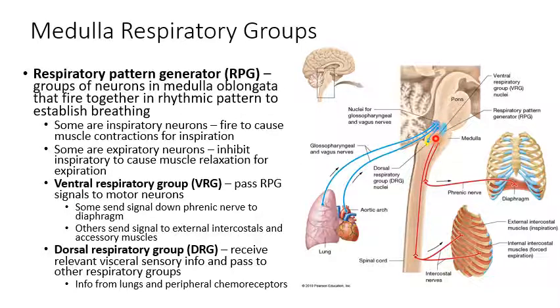So you have neurons within the respiratory pattern generator that fire rhythmically, just spontaneously on their own. Ultimately, they control the muscles of inspiration, so the diaphragm and the external intercostal muscles, and they cause those muscles to contract and relax in a rhythmic pattern that allows ventilation to occur.